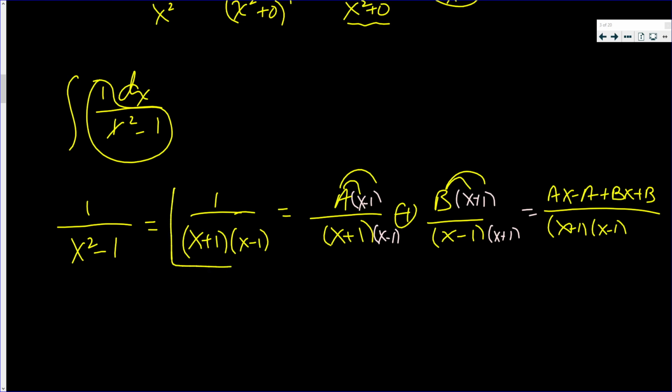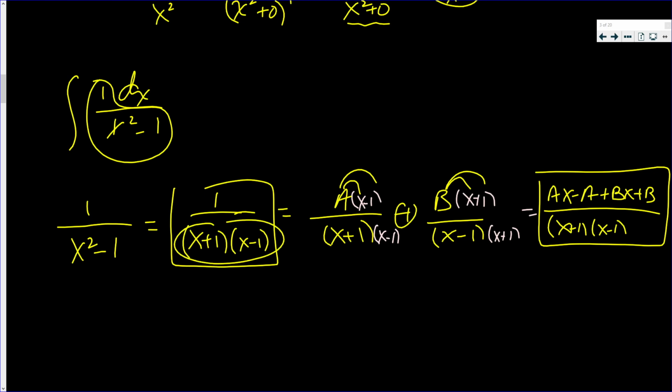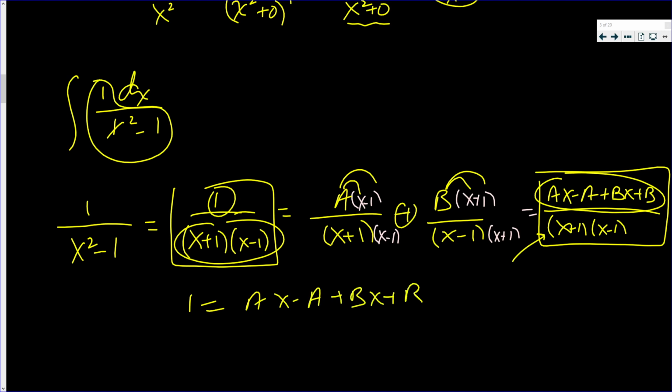And these two fractions should be equal. Well, if two fractions are equal and they have the same denominator, the numerators have to be equal. That is, this numerator must equal that numerator: ax minus a plus bx plus b.